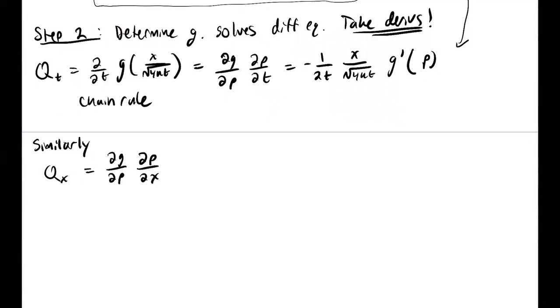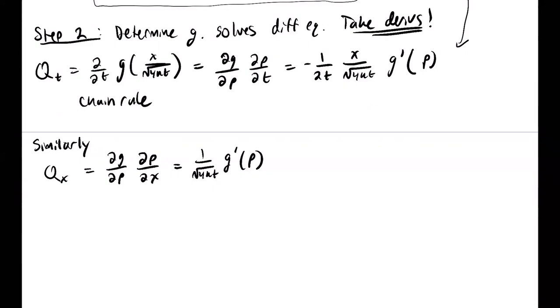And this is actually easier because t is a constant when you're differentiating with respect to x. So this just becomes 1 over square root of 4kt times g prime of p. Again, if this doesn't make sense, just pause the lecture and calculate it for yourself, and you should be able to get this formula without too much effort, hopefully.